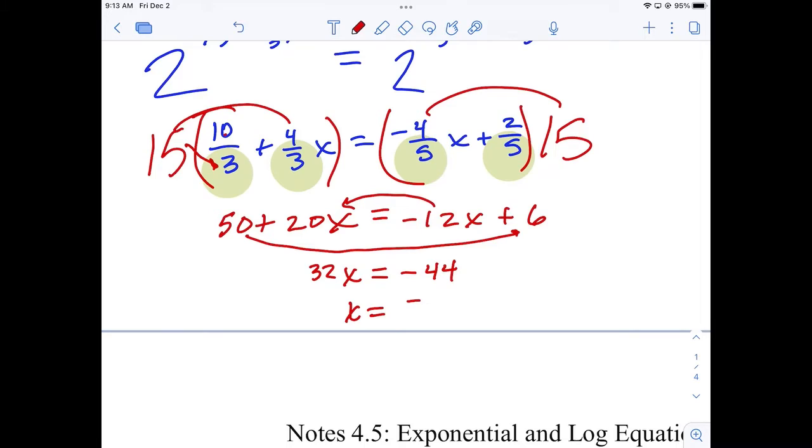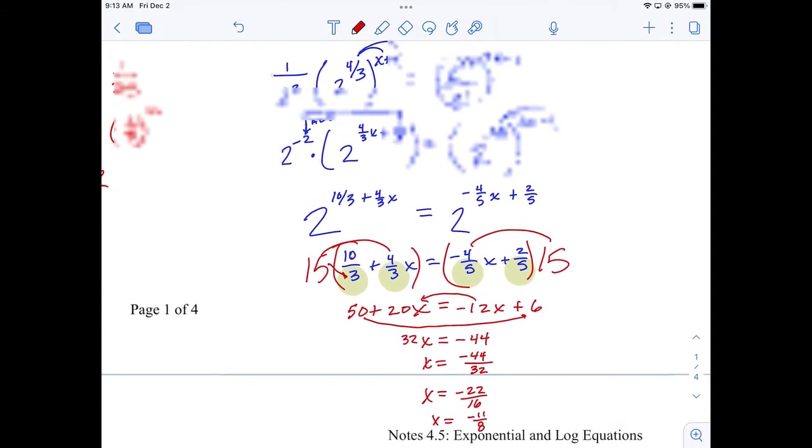And we get negative 44, 32ths. And if we simplify that, that's negative 22 16ths, which when we simplify that is negative 11 eighths.